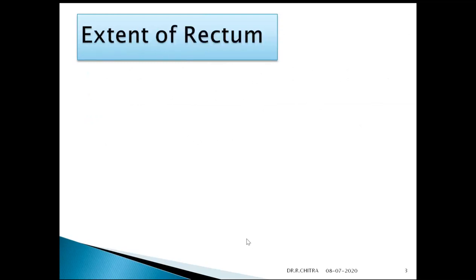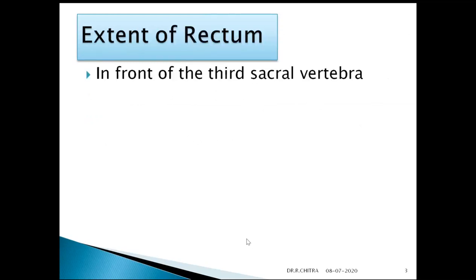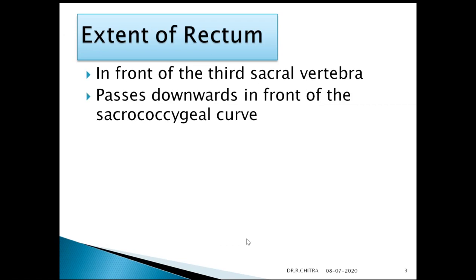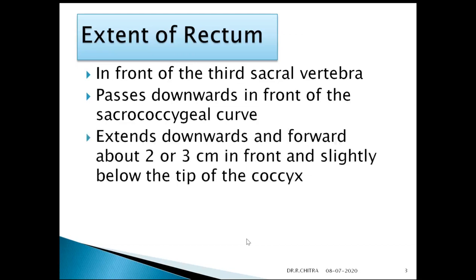We will see the extent of the rectum first. In front of the third sacral vertebra, it begins as a continuation of the sigmoid colon. It passes downwards in front of the sacrococcygeal curve, then extends downwards and forwards about 2 to 3 centimeter in front and slightly below the tip of the coccyx.